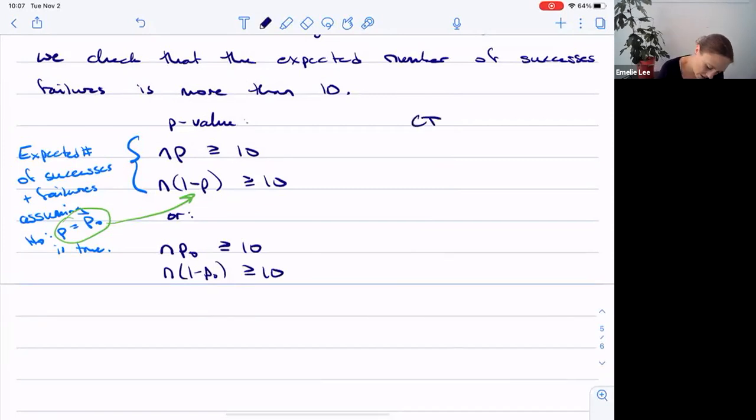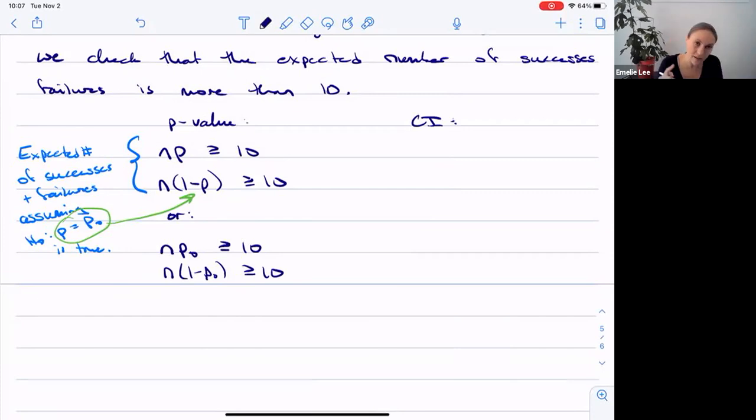Versus the confidence interval, right? If we're doing a confidence interval, then we were checking against the actual number of successes and failures, which if you have just N and P hat, then you can calculate it that way. Or if you have the explicit successes and failures, you can just use that.